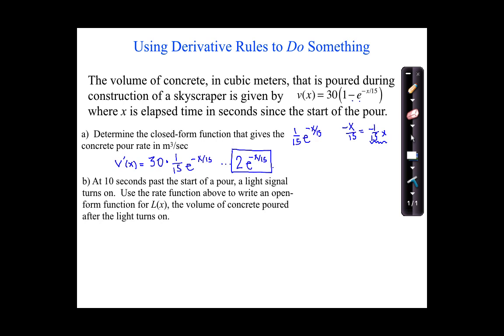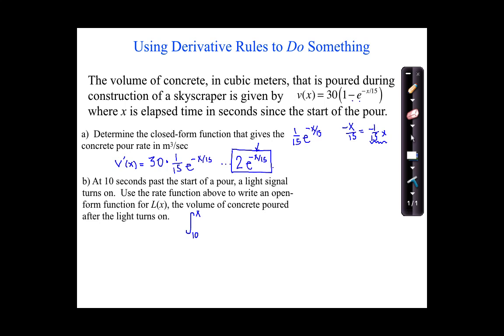So thinking about exact accumulation, starting at time 10 and going on to wherever I want, this is the rate function, v prime of x, although I don't want to use x's because I already have an x in place here. But I want to use this rate and let the variable values in that spot vary from 10 up through a general x.